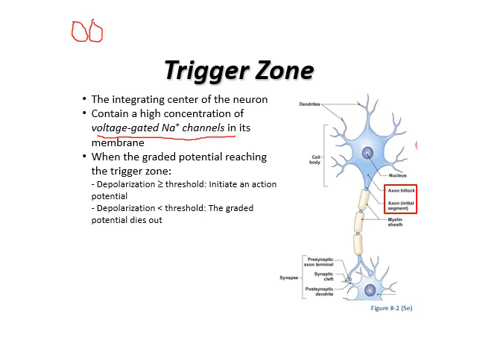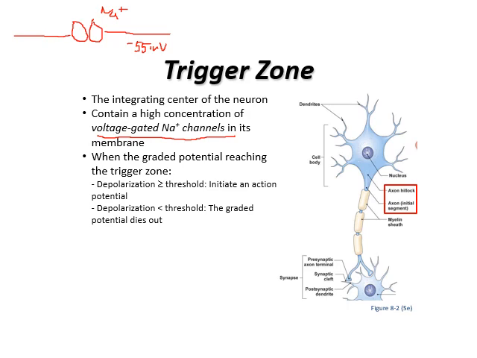When the membrane potential is below -55, these channels are closed. But once we reach that -55 millivolts, that threshold value, that is when those sodium channels will open up.